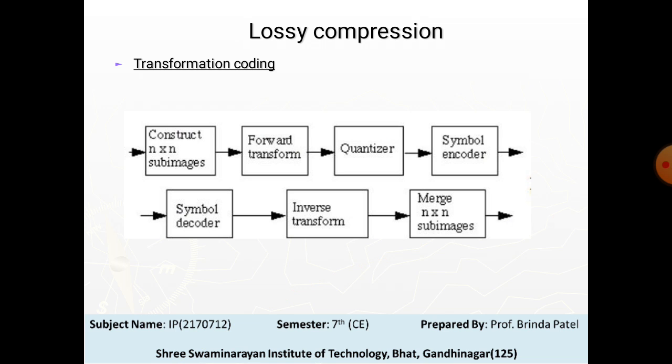Transformation coding. A linear reversible transformation maps the image to a set of coefficients which are then quantized and coded. Often small sub images are used like 8 by 8 or 16 by 16, and small coefficients are left out or quantized in fewer bits.